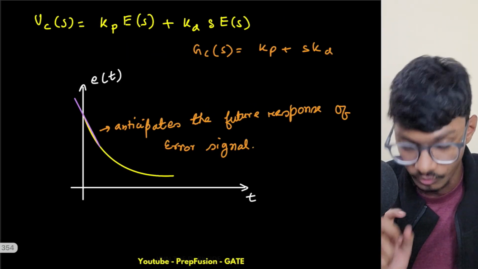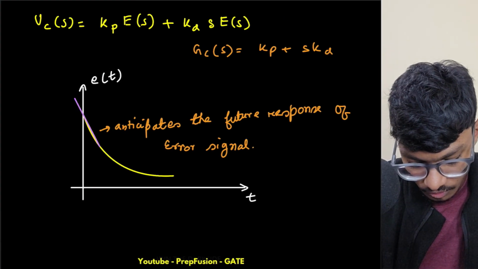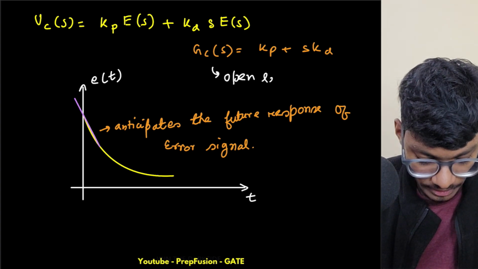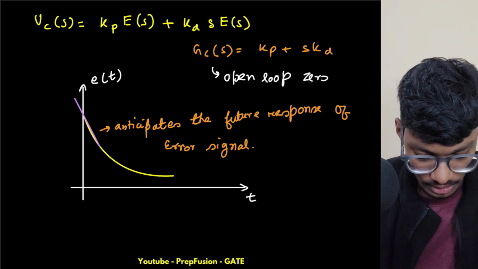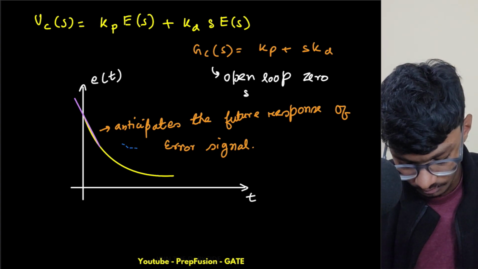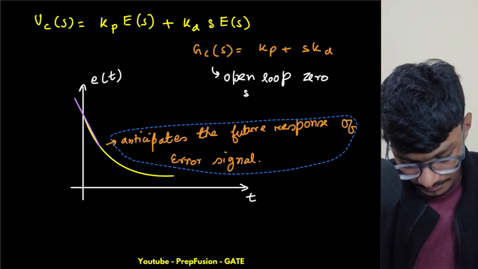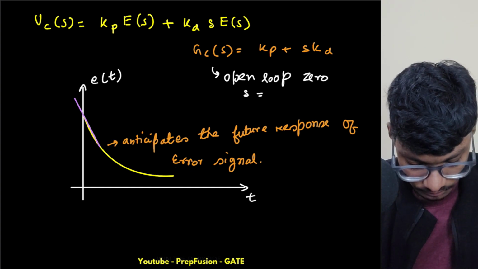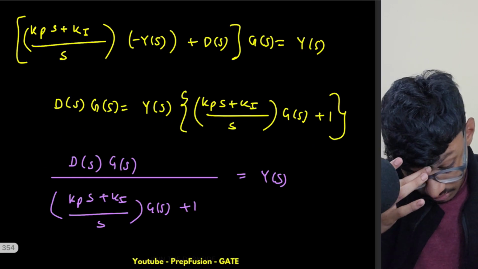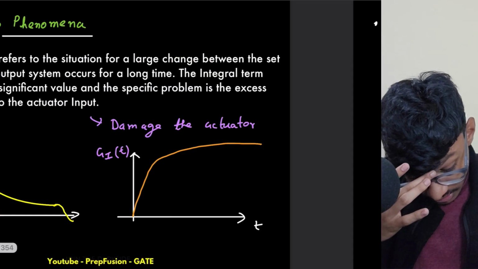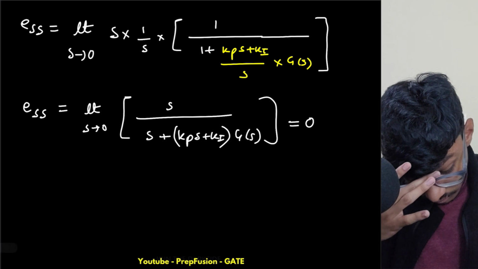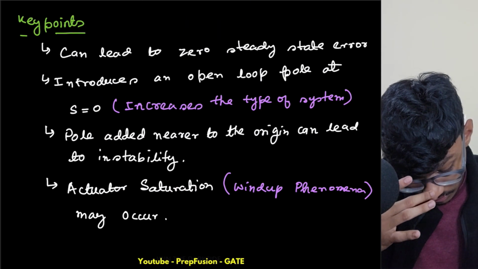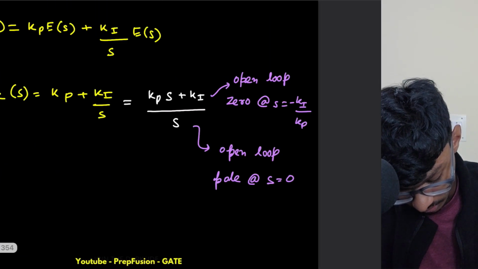Now here what do we see? We have an open loop zero, this is one important point. We added an open loop zero at s equals to... previously I think I did one thing wrong. Just hold on a second. I want to check whether I wrote those zeros or poles correctly.